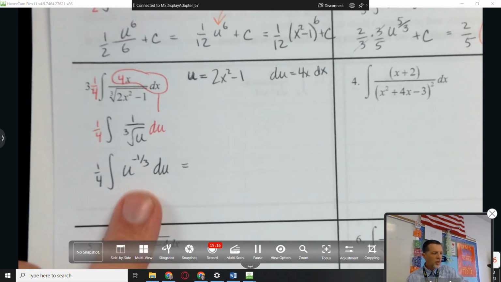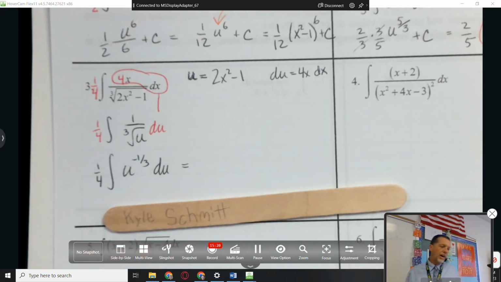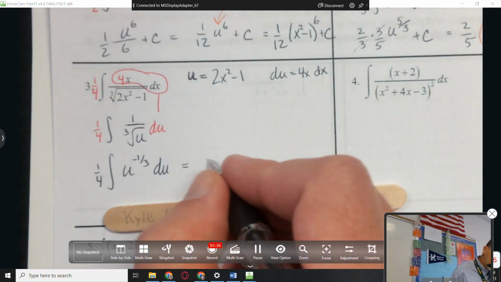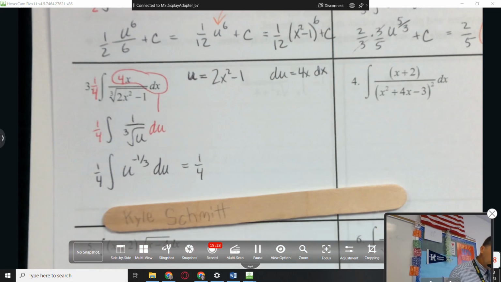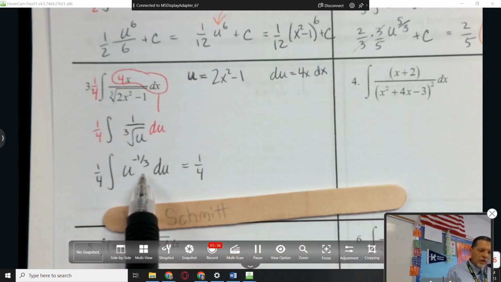So I should be able to antiderivative, Kyle, u to the negative 1/3. So what's the antiderivative of u to the negative 1/3? It's the same rule we used on number 1 and number 2. Increase the power by 1.